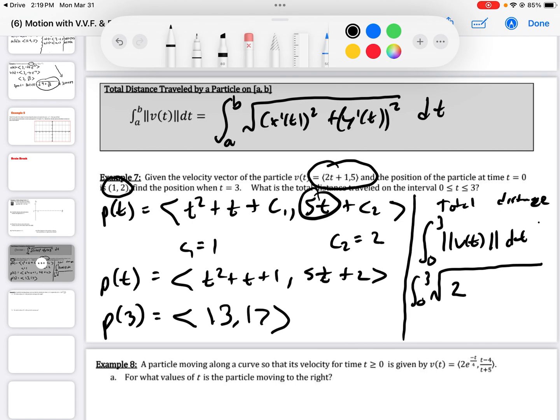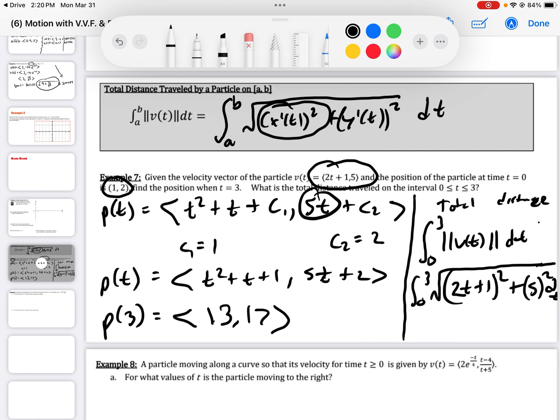Oh, okay, no, this is just the velocity, it's the derivative of the position. So the square root of (2t plus 1) squared, which is the x component of the velocity, plus 5 squared, dt.